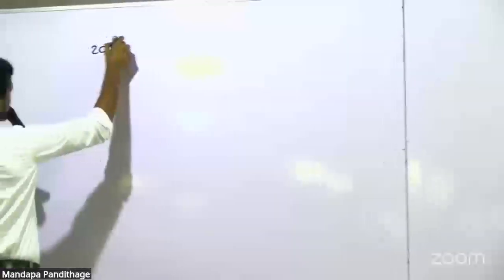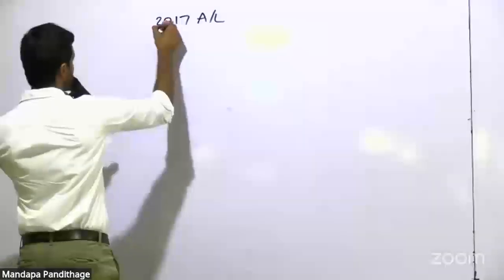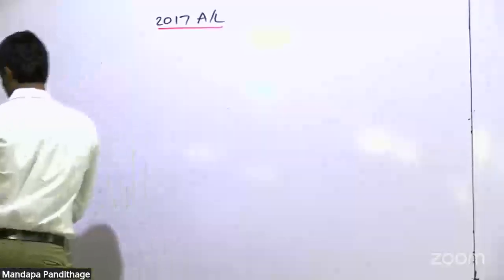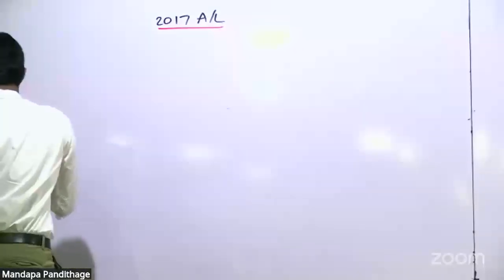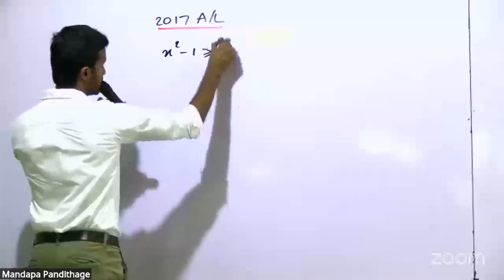So, 2017, you need to solve the inequality: y equals x squared, sorry, x squared minus 1 should be greater than this. So I told you we are using the graphical method.